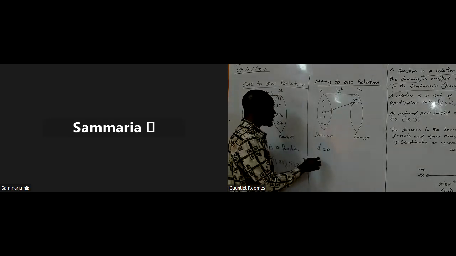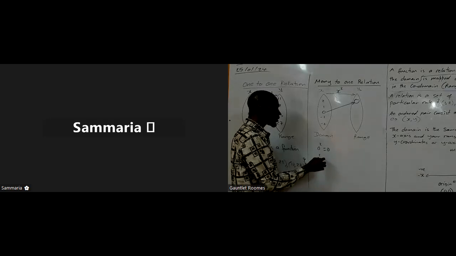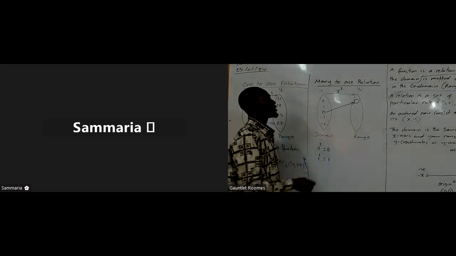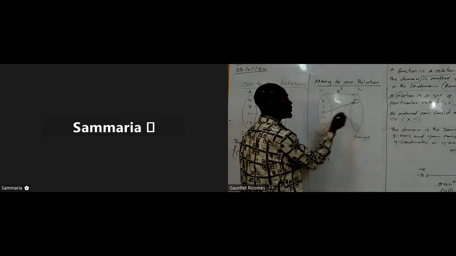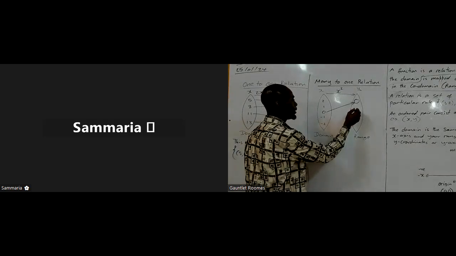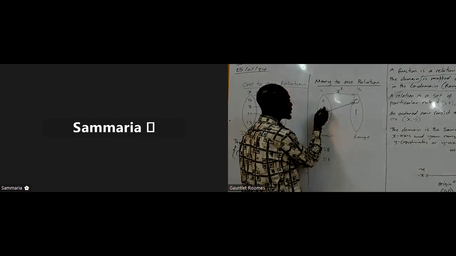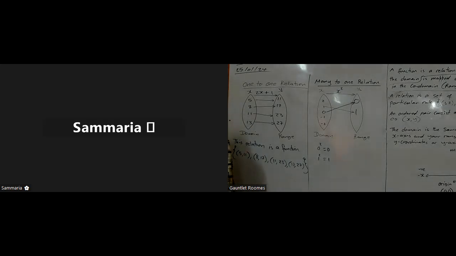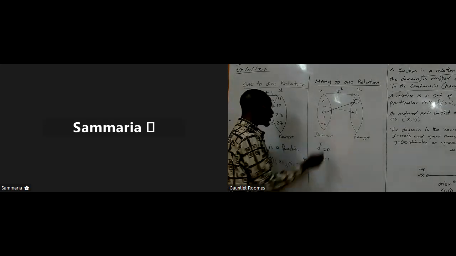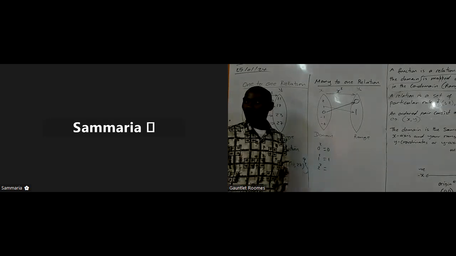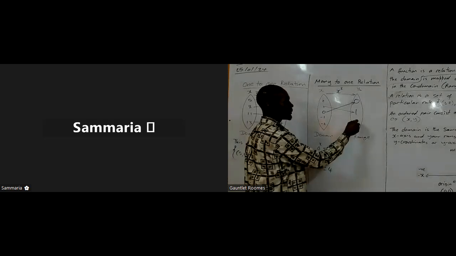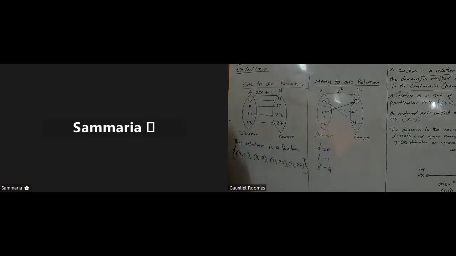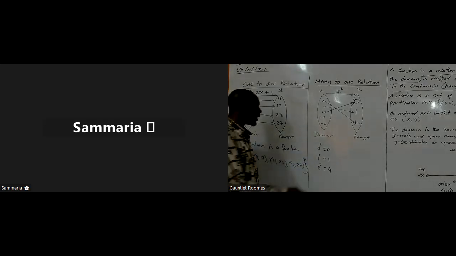So we plug 1 into that rule, that becomes 1 squared, and 1 squared is 1. So let's plug the 1 over here. 1 squared, so we square 1, and we get 1. So 1 maps onto 1. Right. Then we square 2. 2 squared gives us 4. So 2 here maps onto 4. So let's plug -1 in.